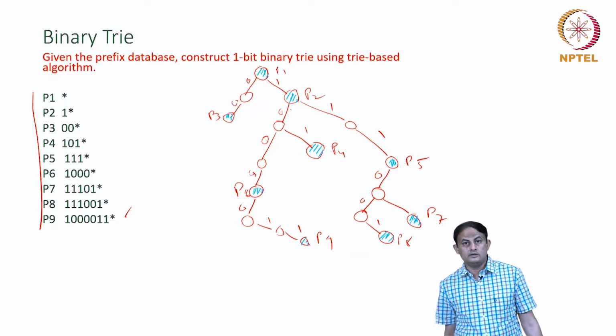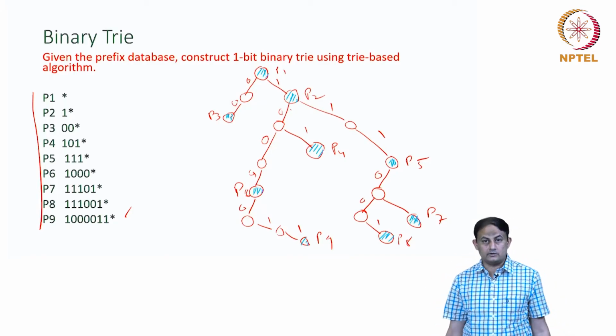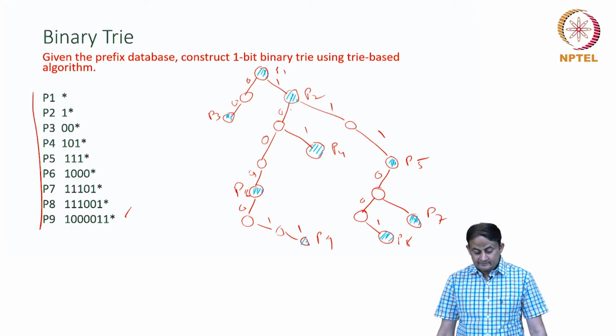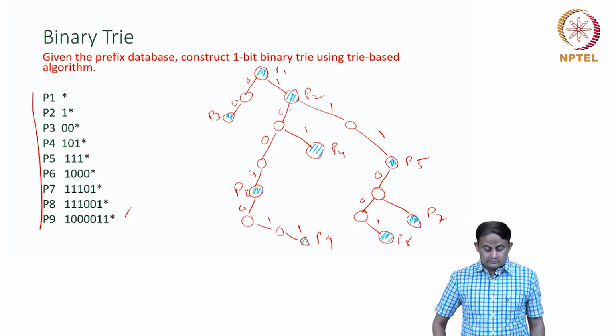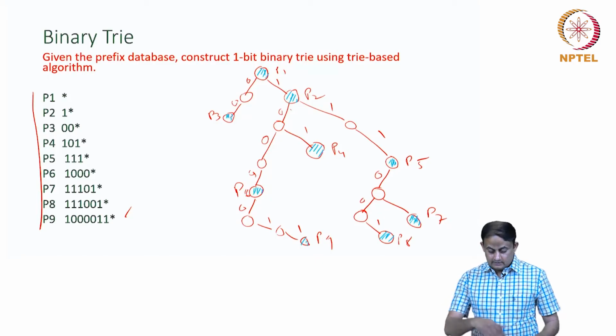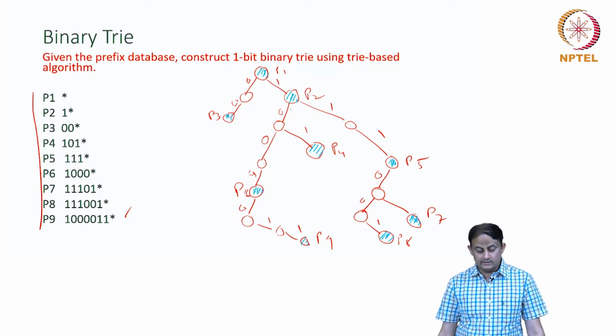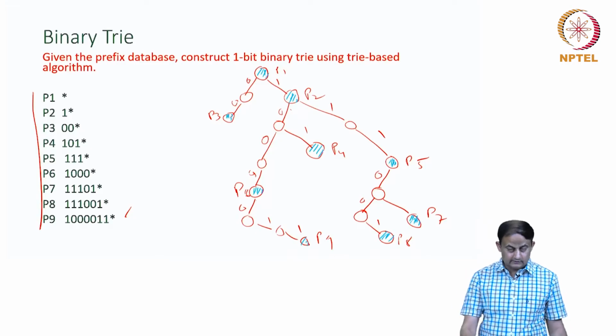So, that is the binary trie for this set of prefixes. Given these 9 prefixes, this is how you construct the binary trie. A little bit about the height of the trie: it depends on the length of the prefix.